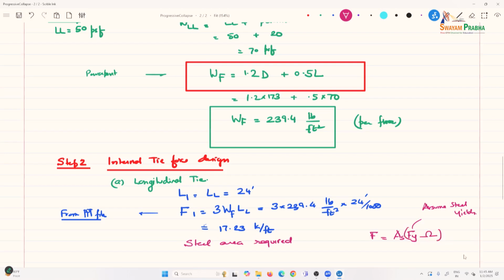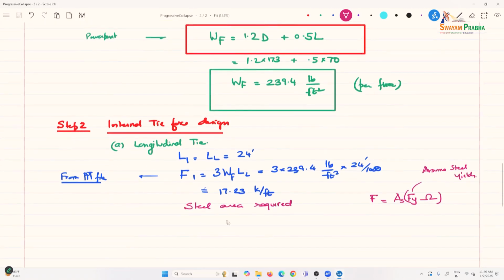So, the 1.25 accounts for overstrength in steel or overstrength in concrete. We had talked about that earlier on. So, from here you can calculate AST is equal to F, of course, divided by the overstrength factor of materials and the strength reduction factor.